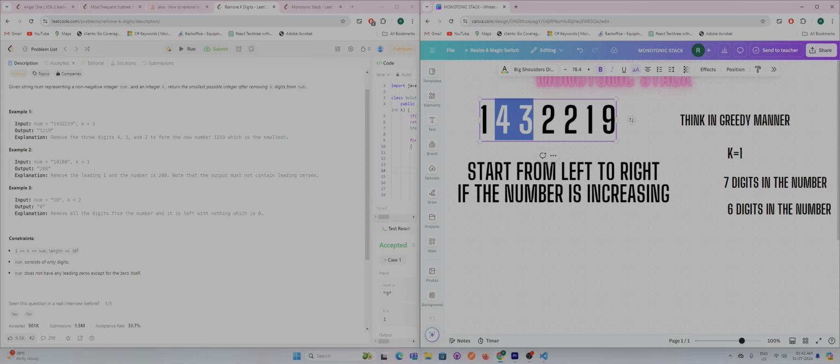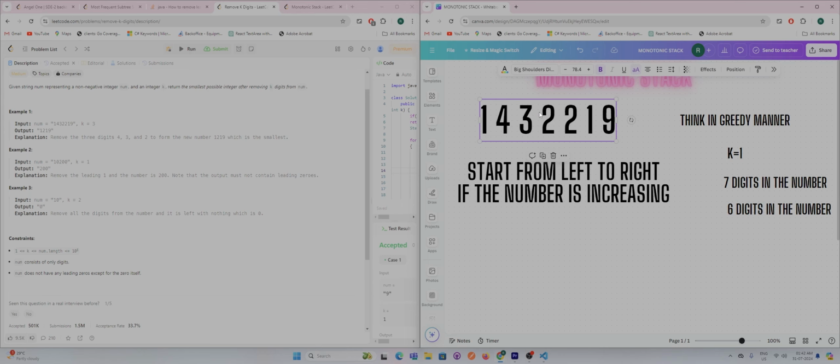If I remove this 4, because 4 is coming before 3 and 3 is decreasing, then 3 is going to take 4's place. So it basically gets shifted, because 1 3 2 2 1 9, right? So if you look at this, this becomes a lower number, right?